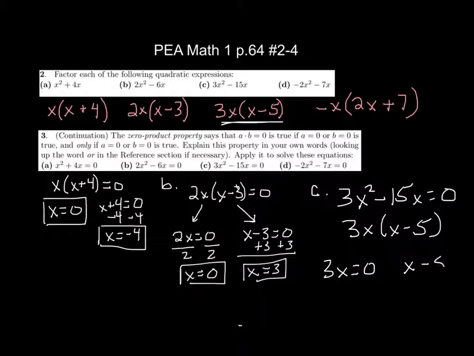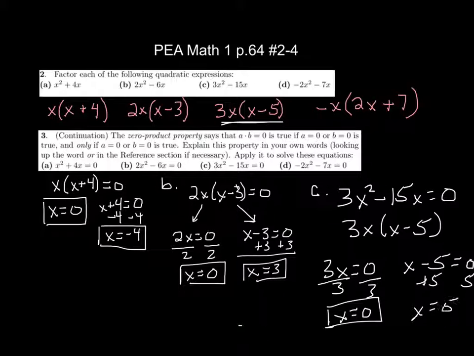X minus 5 equals 0. So divide by 3. X equals 0. And x equals 5. That was a horrible 5, I believe. There we go.